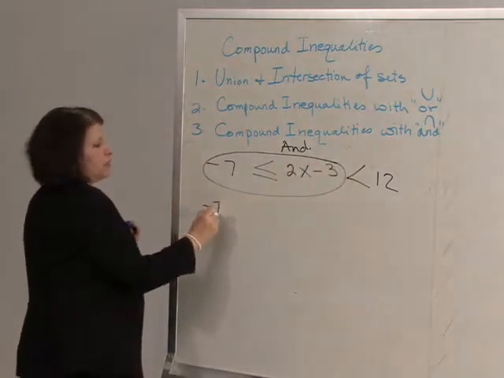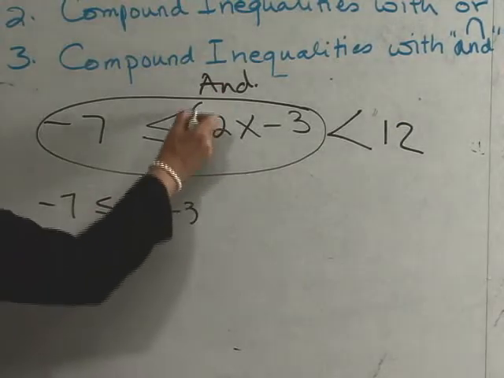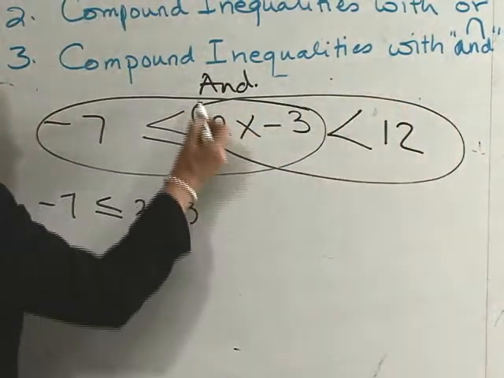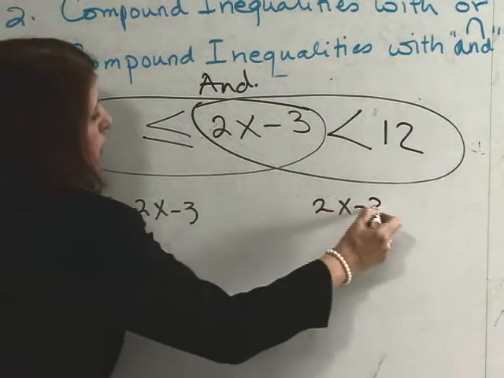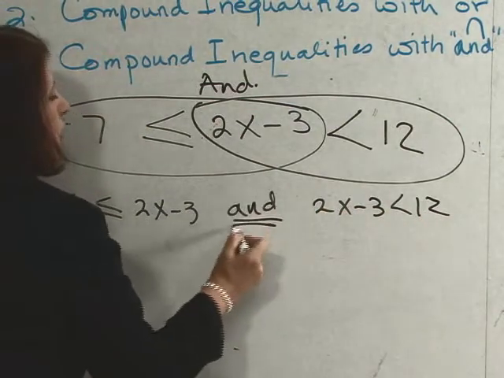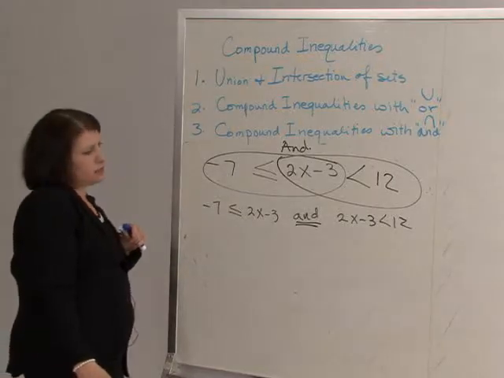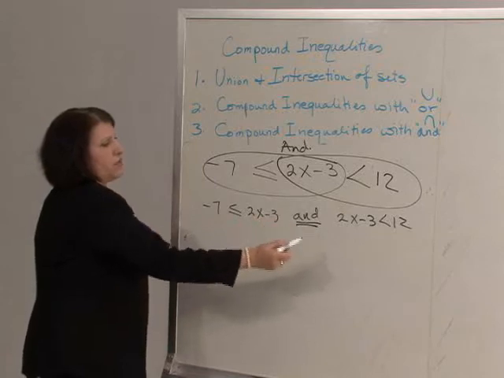Negative 7 is less than or equal to 2x minus 3. And this is another one, which is 2x minus 3 is less than 12. And remember that this means "and," so you have to put the "and" and then solve it that way. So you can translate it this way, solve each one of them.